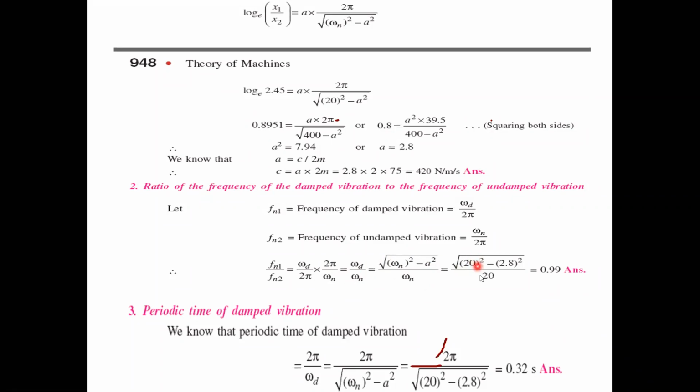So omega n is 20 square and a is 2.8 square, by 20. Just make the calculation and the value arrives at 0.99. So the ratio is 99 percent.